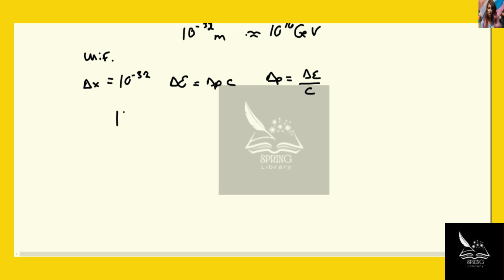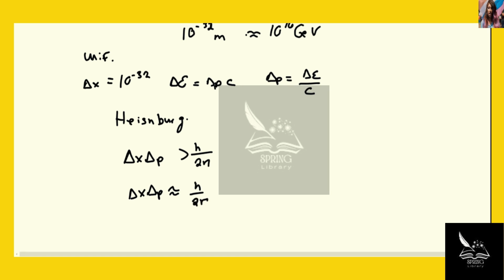So now we have to use the Heisenberg equation. And for that, we have delta X, delta P equivalent to Planck's constant over 2 pi. So we're going to make that equivalent. Okay. Not equal to, but equivalent.